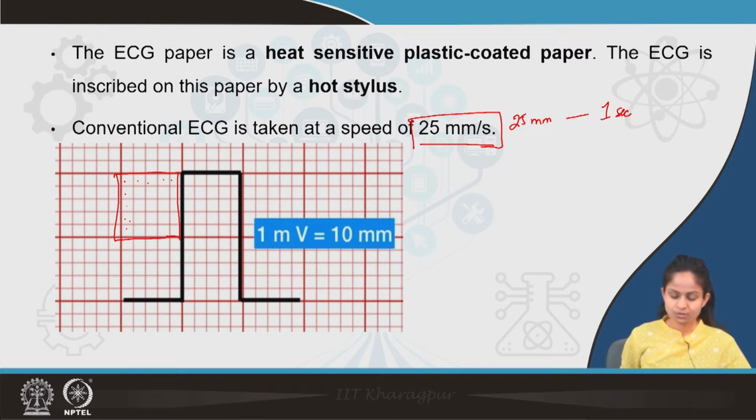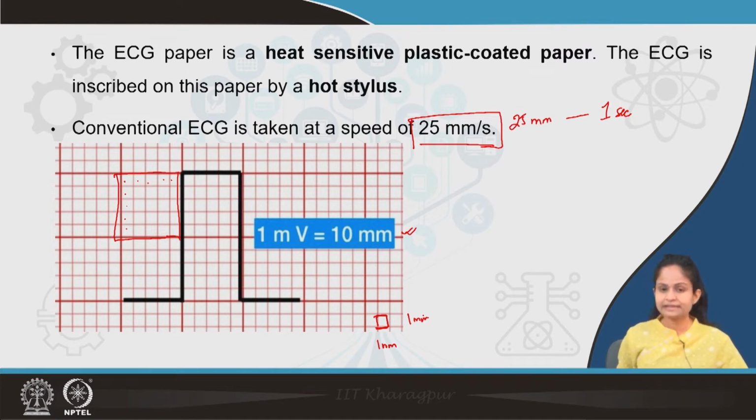It is to be done so that 1 millivolt gives a deflection of 10 millimeter. Usually this small square which is present in the big square, horizontally it is 1 millimeter and vertically also it is 1 millimeter. That means the dimensions are 1 into 1 millimeter, that is the area of the square.